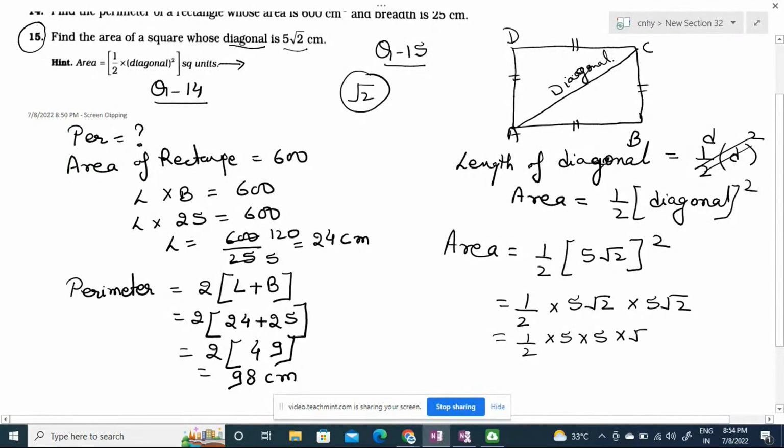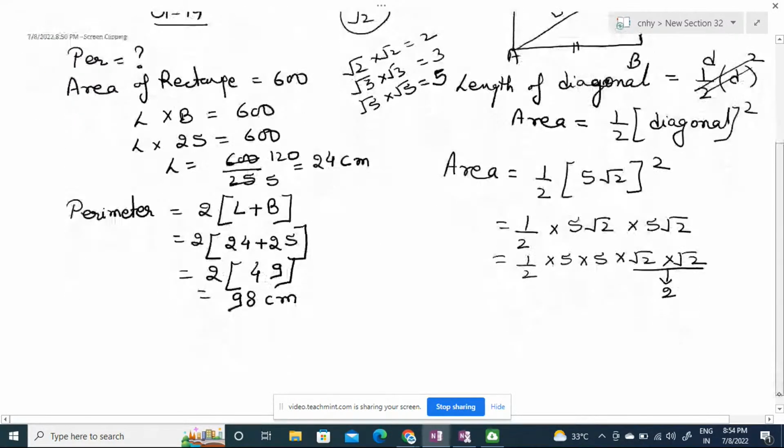Now, 2 times under root 2: when we multiply under root 2 into under root 2, its answer is 2. If we multiply under root 3 into under root 3, its answer is 3. When we multiply two square roots of the same number, we get that number.